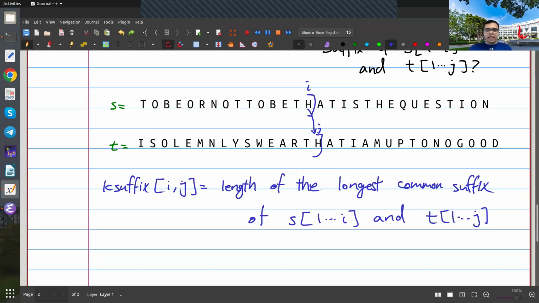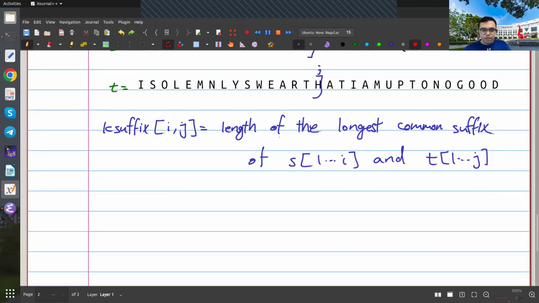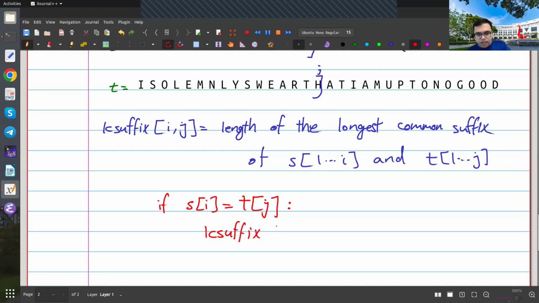So actually, it's even simpler than the previous one. It's very simple. I just say if Si is equal to Tj, then the longest common suffix ij is just 1 plus the longest common suffix of i minus 1, j minus 1.